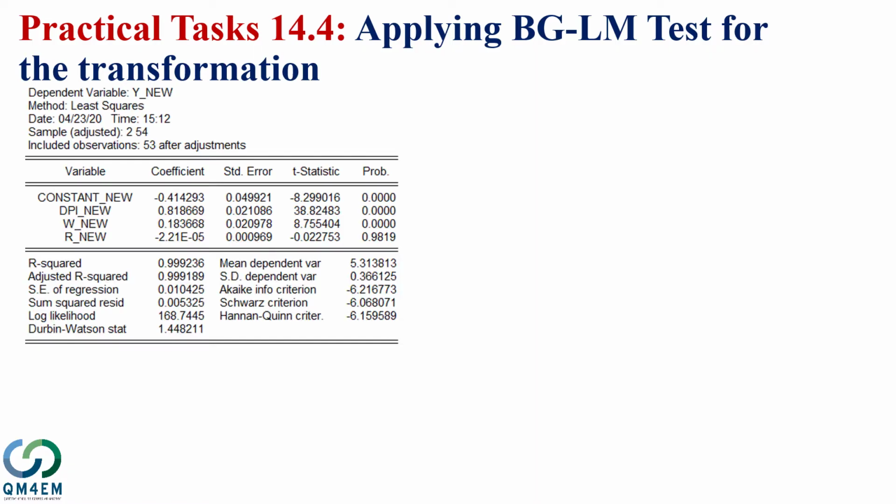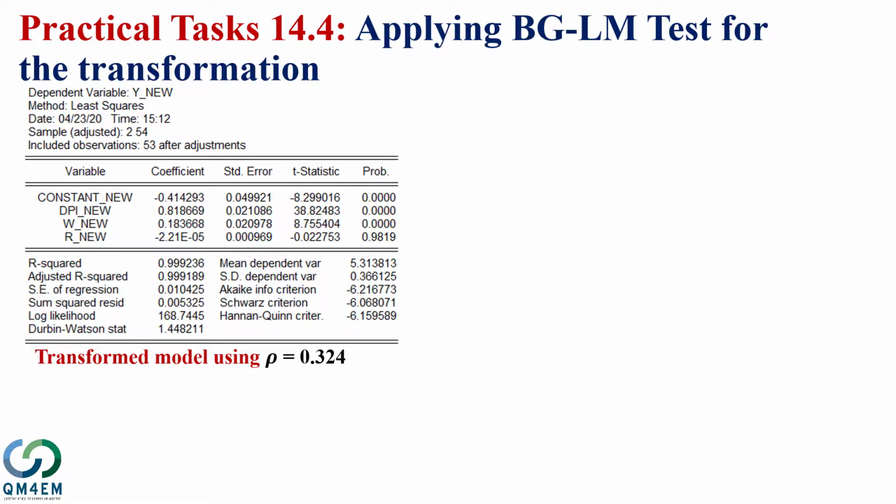So moving toward the results of practical task 14.4, we can see here the model Y new being regressed on the new variables, generated by subtracting the product of the lag value and the autocorrelation coefficient of 0.324 from the original variable.